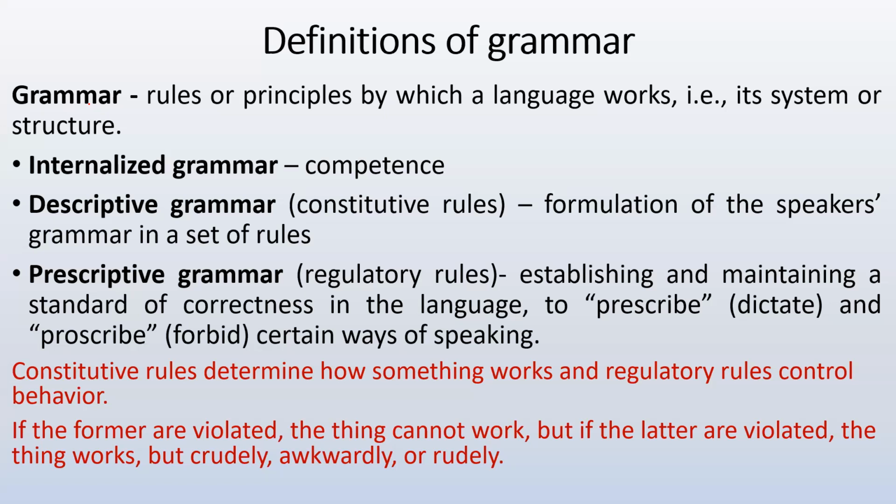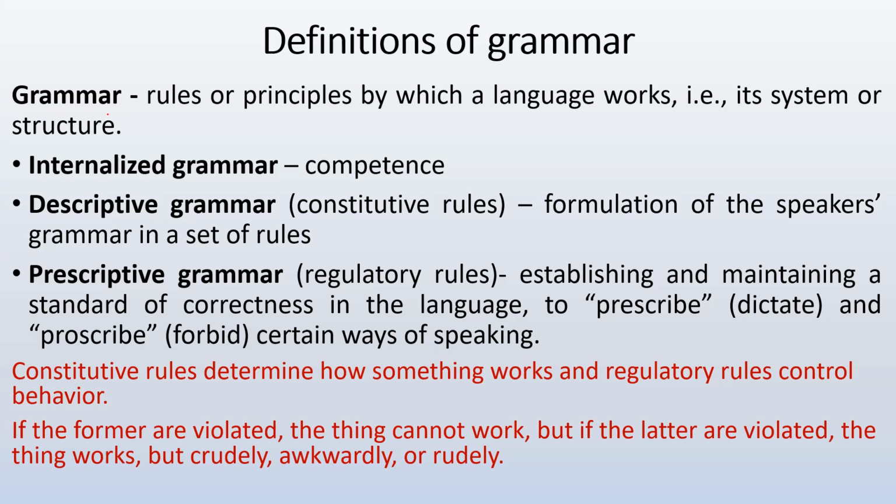So therefore, grammar is a very important aspect in language. So grammar can be presented in several different ways in a language. As you can see on screen here, we can refer to the internalized grammar, descriptive grammar, prescriptive grammar, etc. So grammar can appear in so many different ways. So we'll just have a small look at this before we wind up the discussion today.